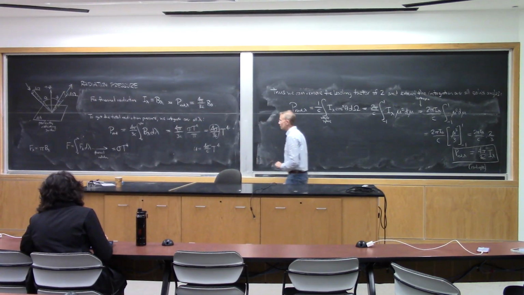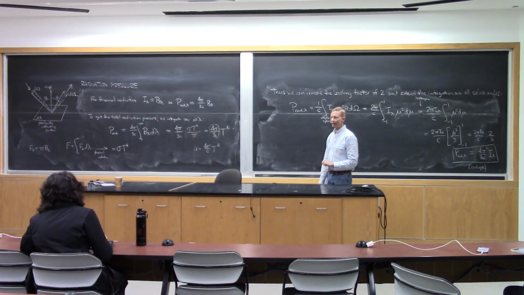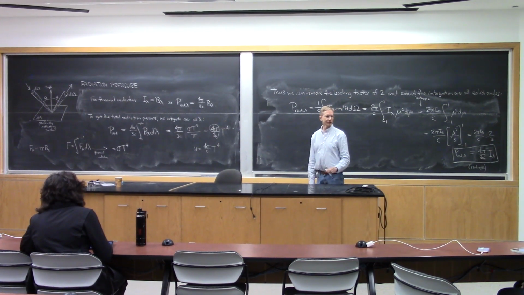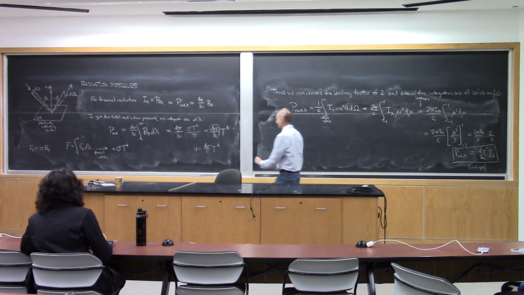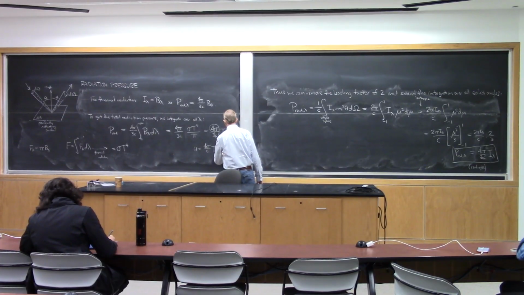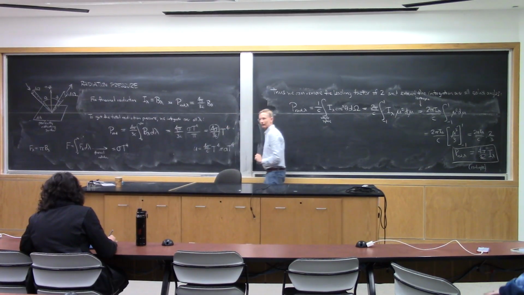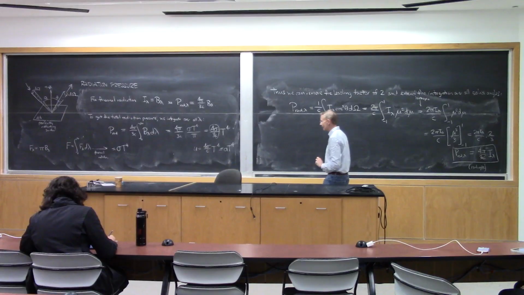And we decided, who wants to write 4 sigma over c all the time? So let's just call it a single constant. It's just a t to the 4th. We just said that by definition a t to the 4th power is the radiation energy density.